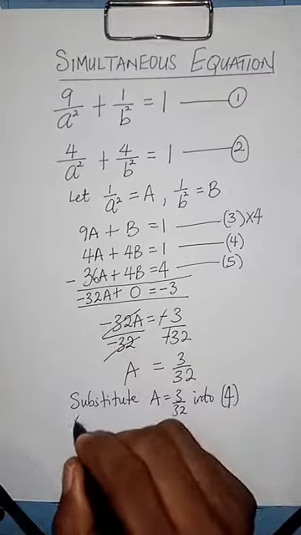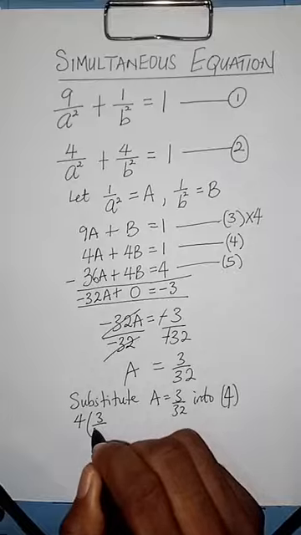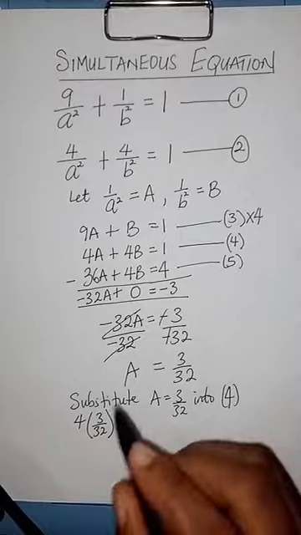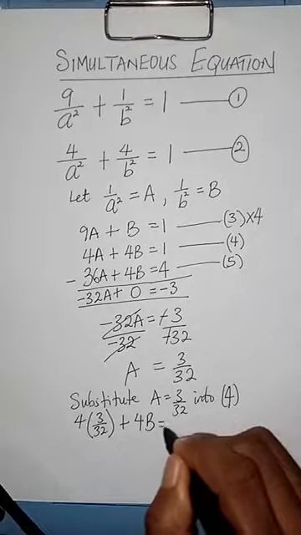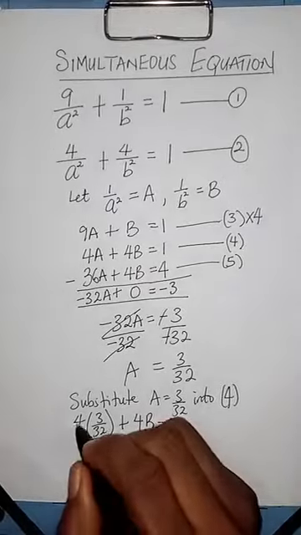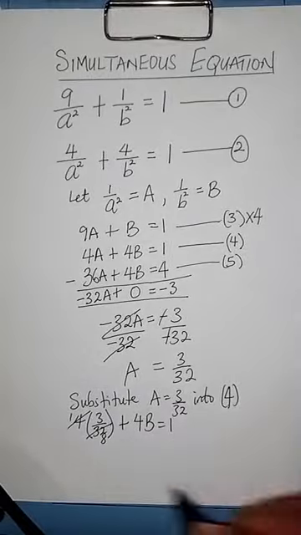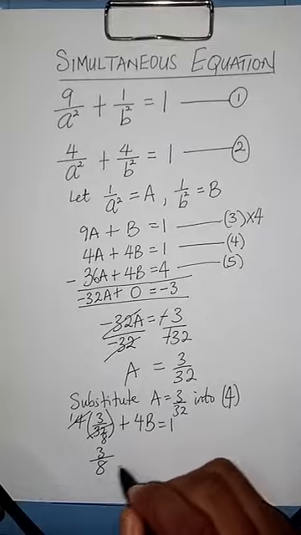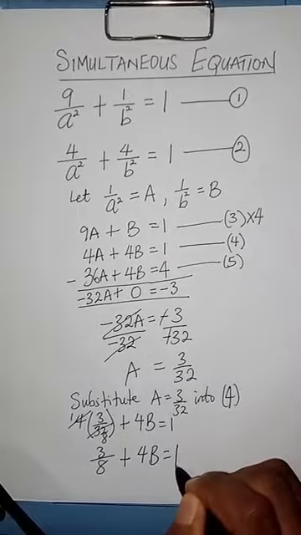So I'm going to have 4 multiplied by 3 divided by 32 plus 4B equal to 1. Now, when you divide this, here will be 8. And so I'm going to be left with 3 divided by 8 plus 4B equal to 1.